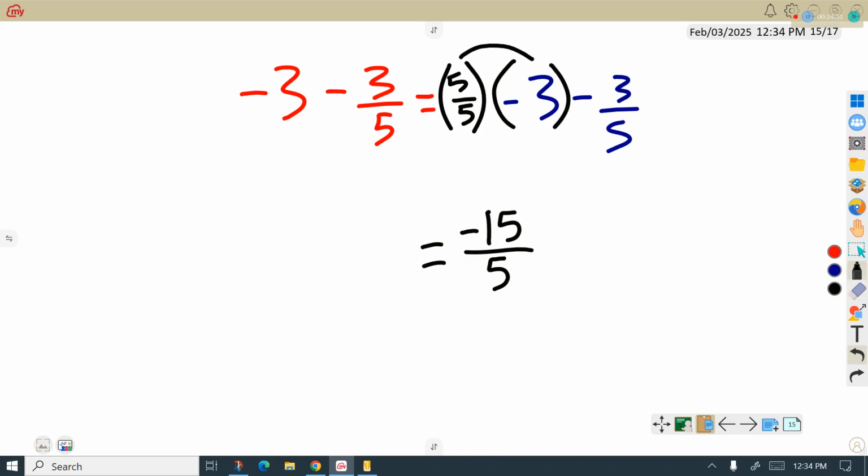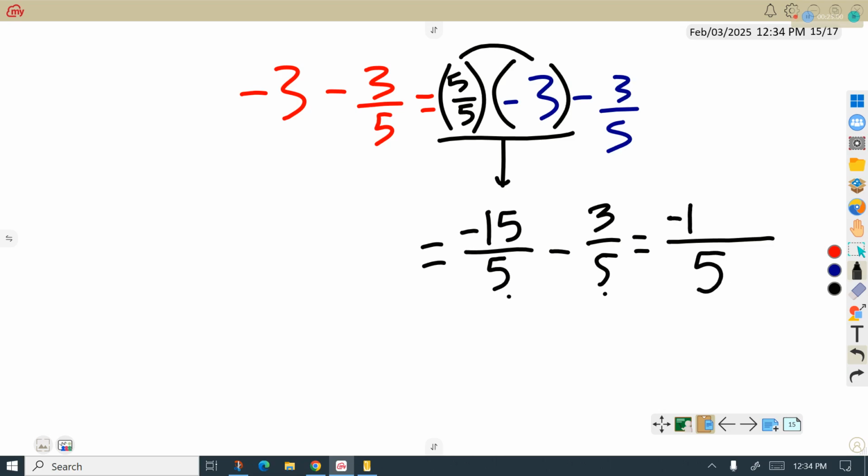All right, so the next thing is -3/5, that part over there that we already have. We just continue doing our math. So this thing changed into this, but the -3/5 didn't change. So how do I do this? What's -15/5 minus 3/5? Well, because they have the same number on bottom, I can combine these into one fraction.